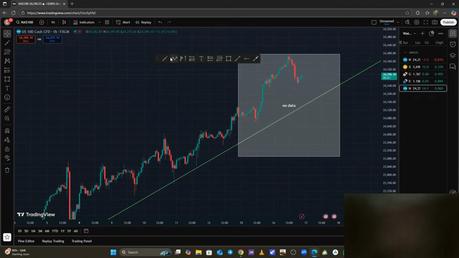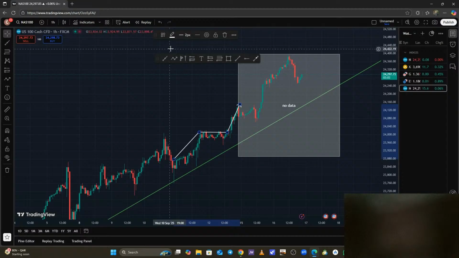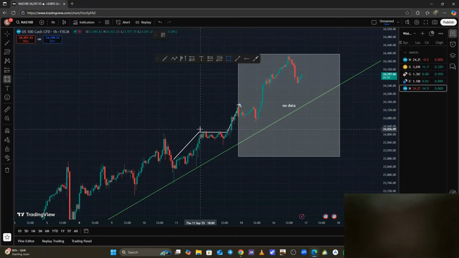So number one, what I saw in this chart, there was this rally, you can see. Then we had a consolidation. Sometimes I call it base. So we have rally, then we have the base, then we have the rally. Now, the reason I marked the base as my demand zone, this zone here, I marked it as my demand zone.